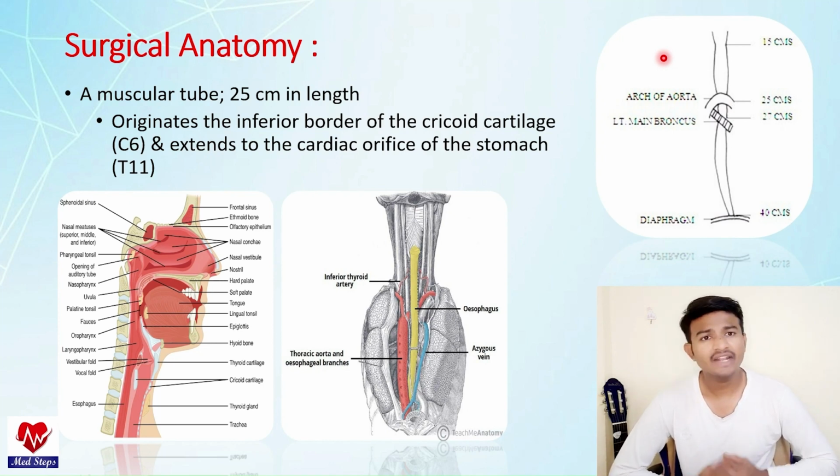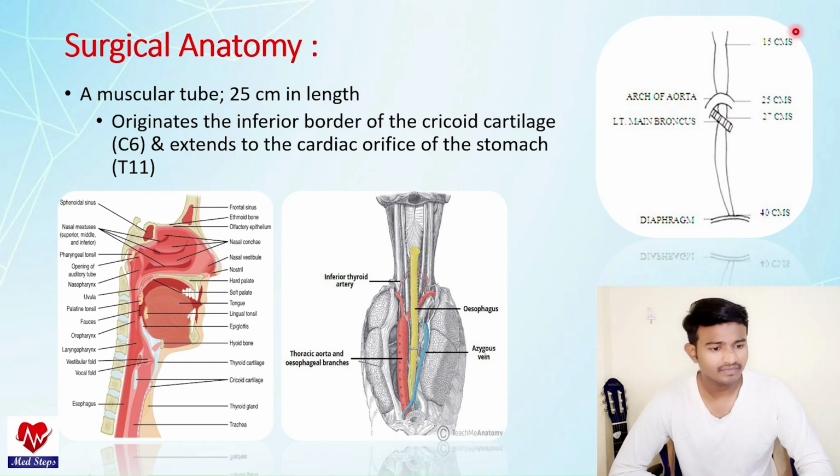The main function of the esophagus is to pass food from the pharynx to the stomach. In the gastrointestinal system, the esophagus is the narrowest region of the alimentary tract, except the vermiform appendix.